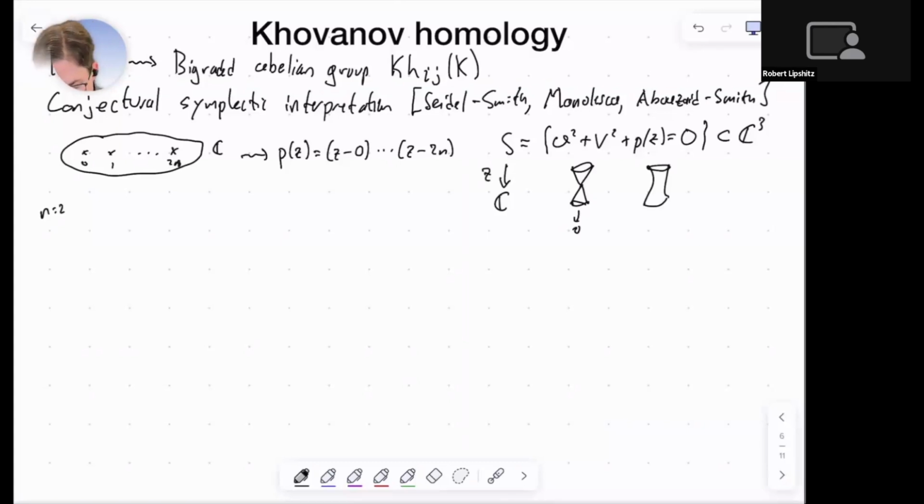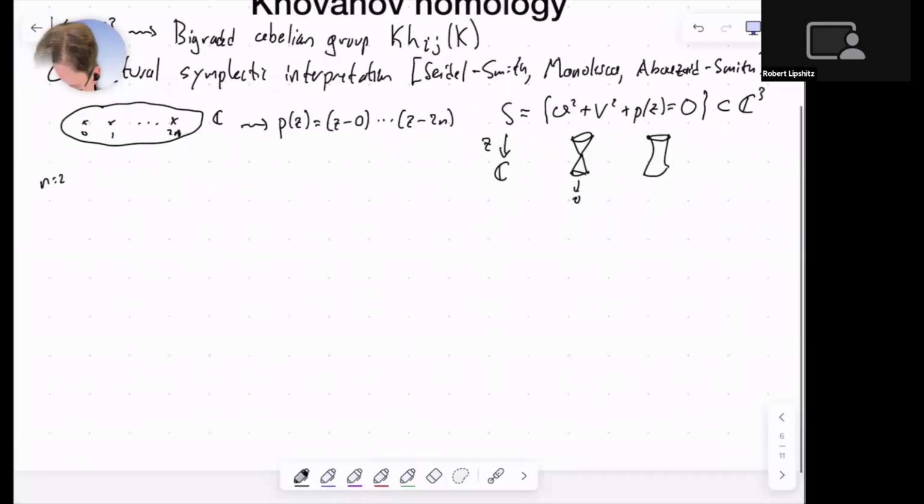Okay. Now there needs to be a knot in it, and a knot contributes some Lagrangian submanifolds. So I'll just draw a particular example. You can always represent a knot as a union of bridges. So again, I'm doing something for n equals 2.